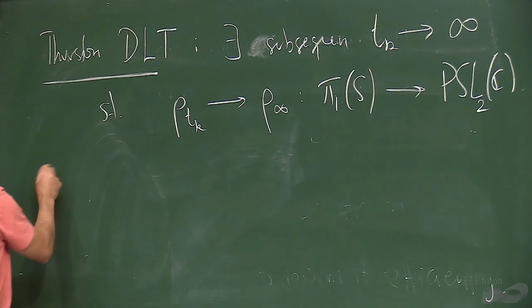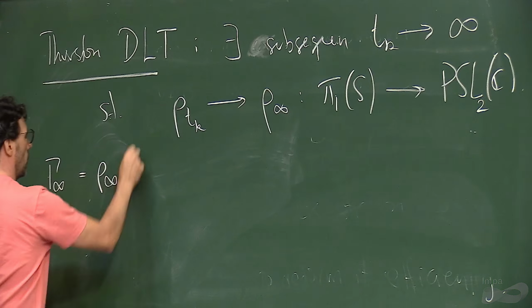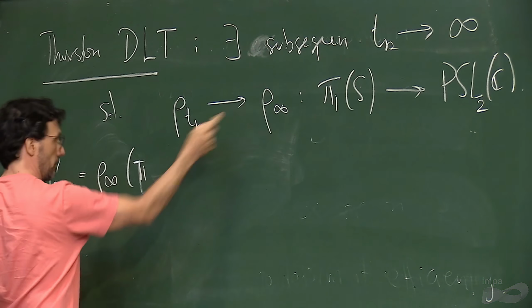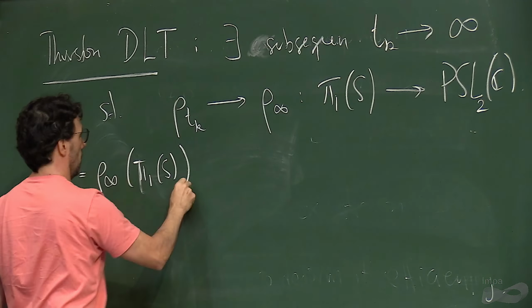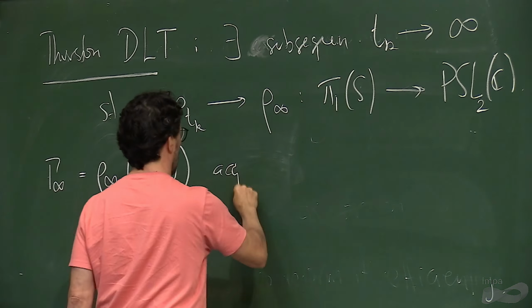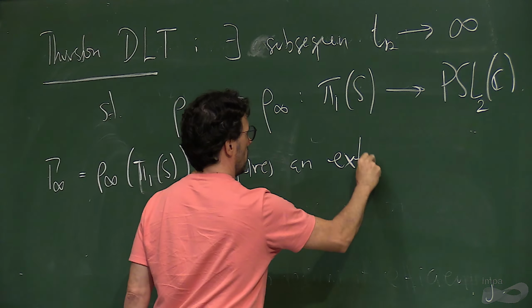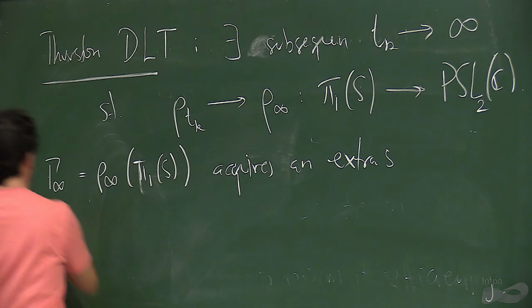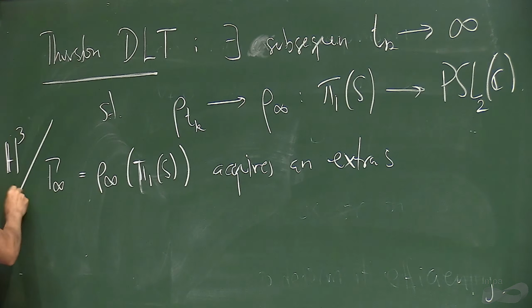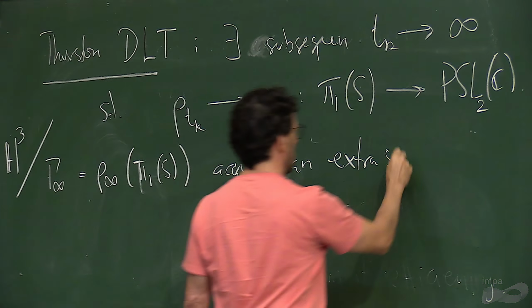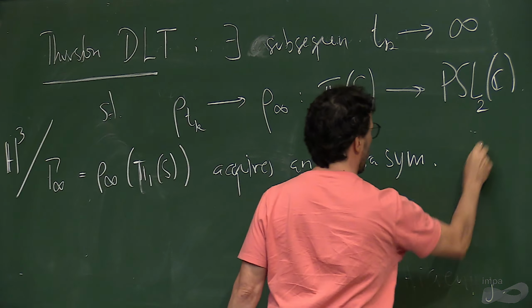And if gamma infinity is the image of pi 1 of S under this representation, then H3 modulo this group acquires an extra symmetry, which I'll call alpha.